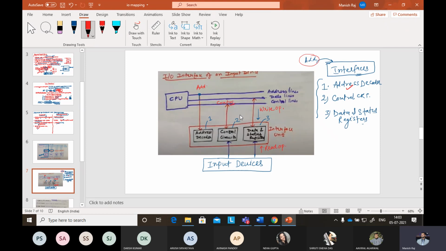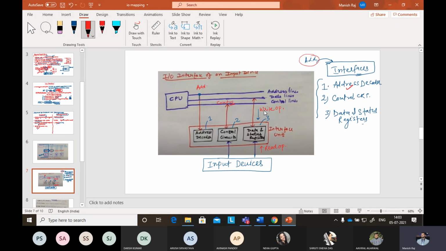It is connected to the control circuit, which tells you which type of operation the device needs. The control circuit is connected to the control line and decodes the control signal, working out what type of operation is needed.